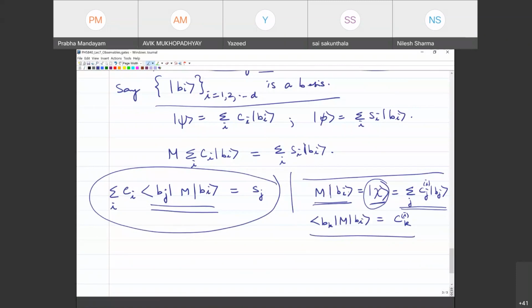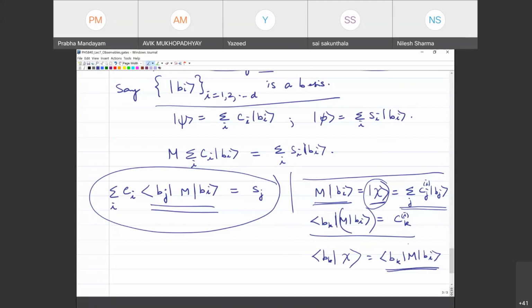Now I take an inner product of the kth basis state with this chi. What have I taken here? I've said bk acting on chi, and chi is nothing but M acting on Bi. So this becomes an object like this.